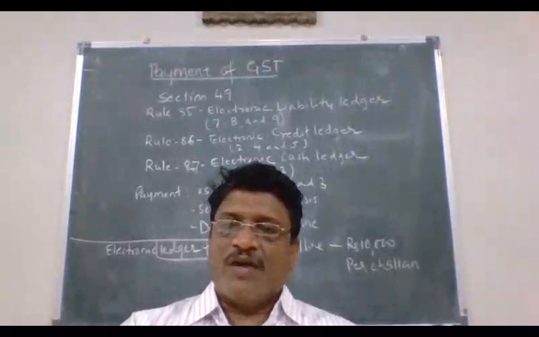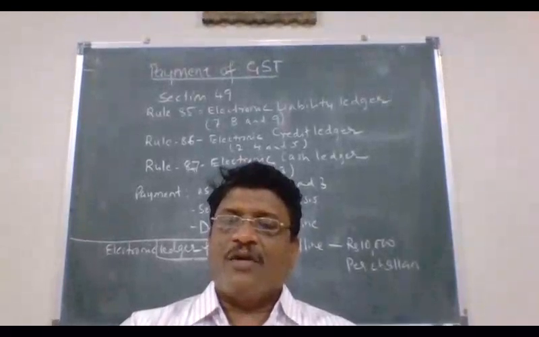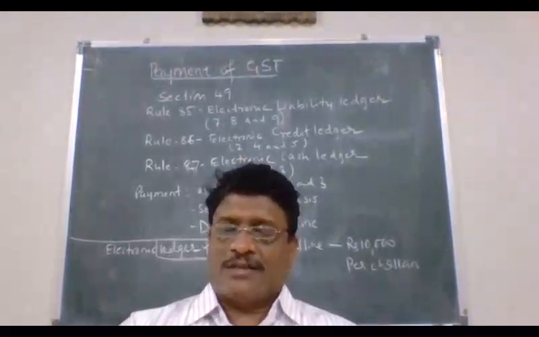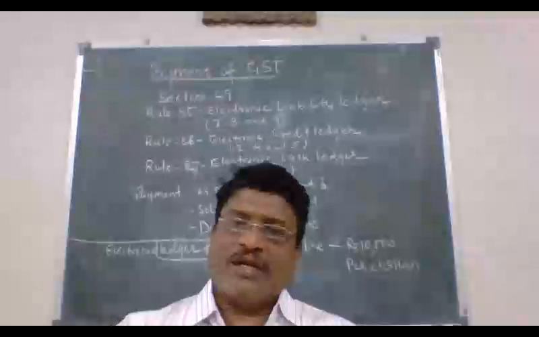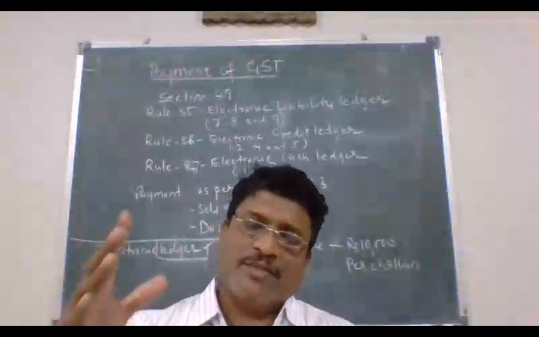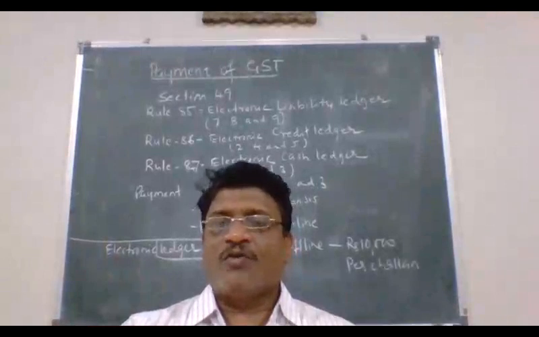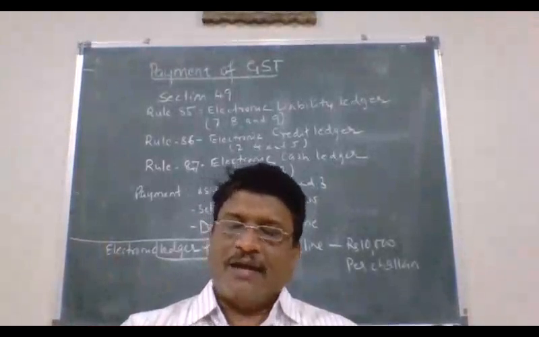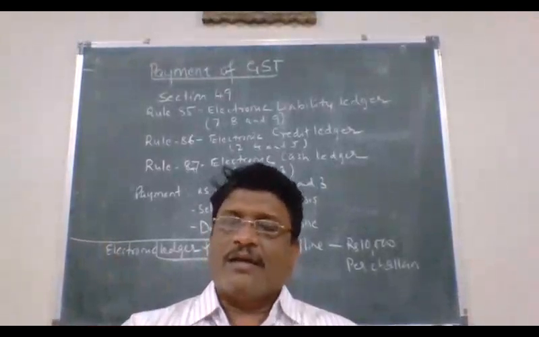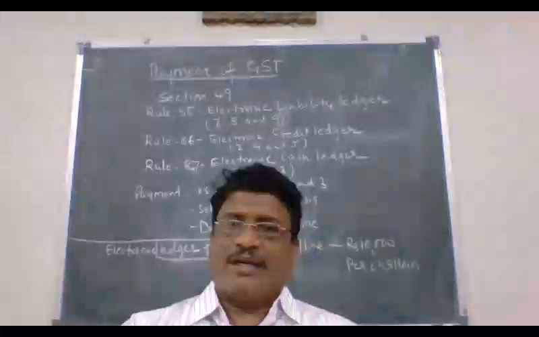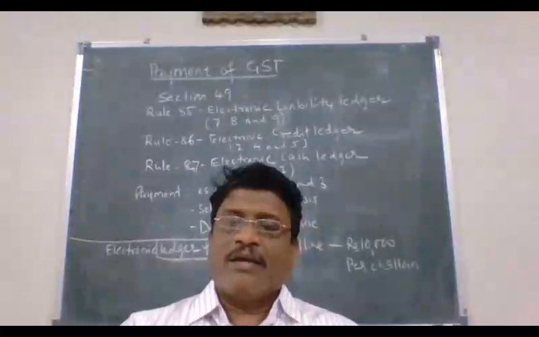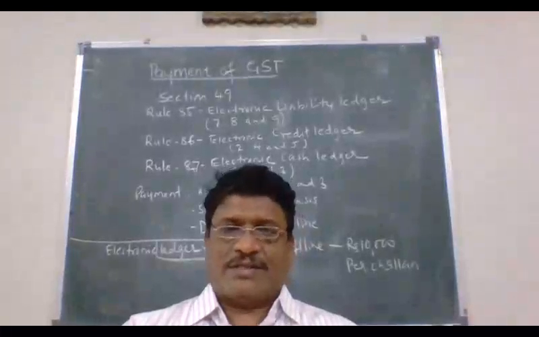So GSTR 1 contains what? It contains the outward supply. Based upon that outward supply, the GST payment is determined. This is a very important point that you have to keep in mind. Coming to the next one, the payment of the GST is made on a self-assessment basis.